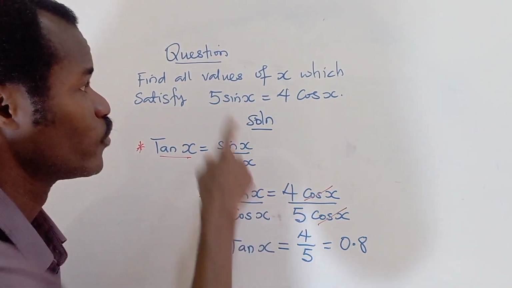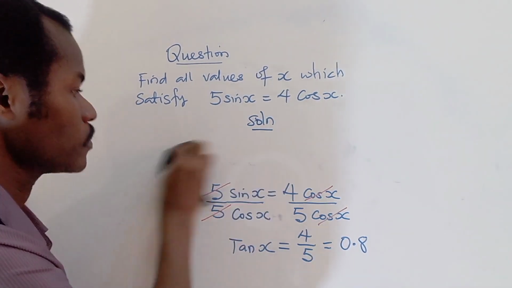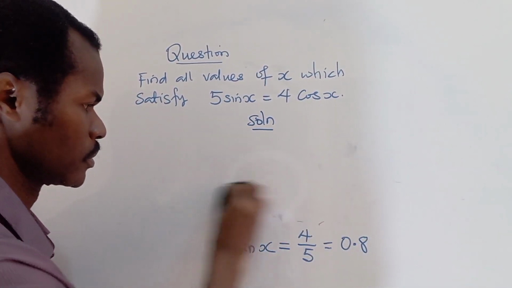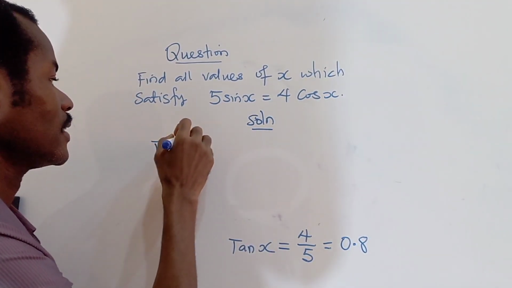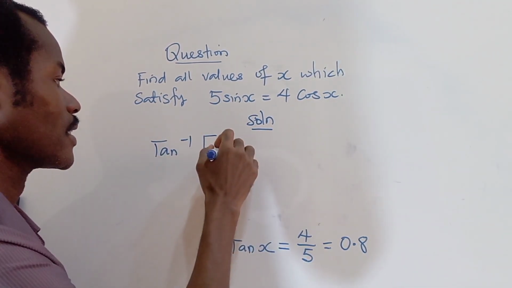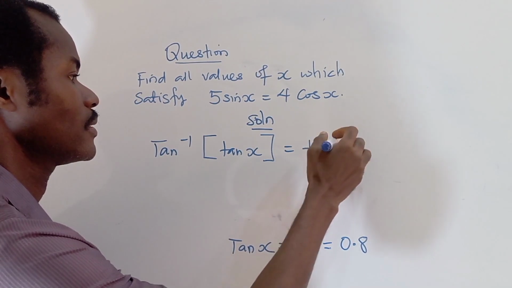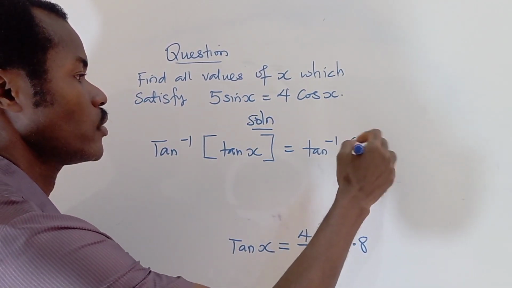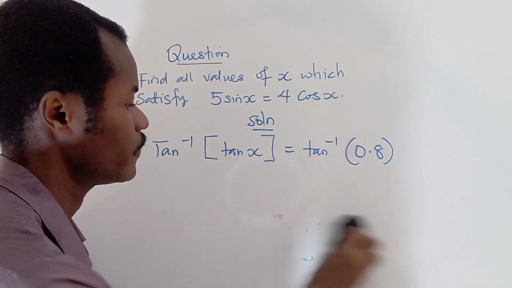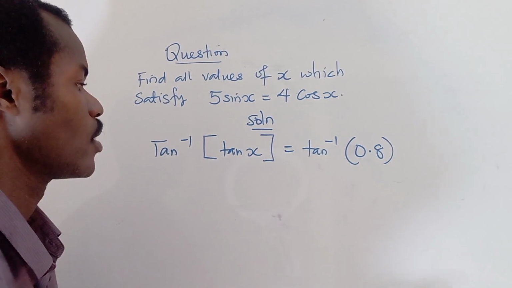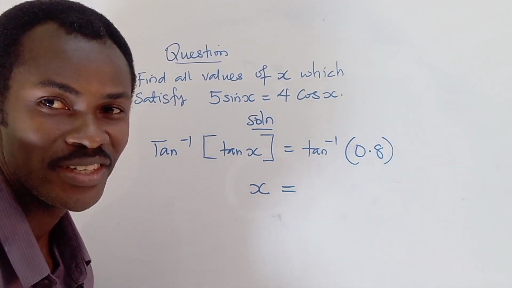Now that we have 0.8, we are going to find the value of x which satisfies this expression. And remember the question says we want to find all values of x. What do we do to find x? We are going to take the tan inverse of both sides. So tan inverse of tan x is x, which equals the tan inverse of 0.8.